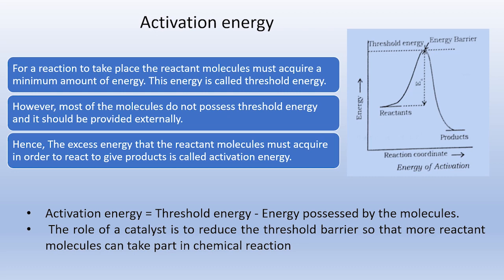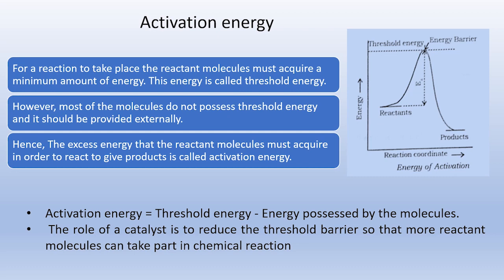So we have to provide energy externally by means of heating or other means. That excess amount of energy over the energy possessed by the molecule is called activation energy, represented by EA. So activation energy is the excess energy that the reactant molecules must acquire in order to react to give products.